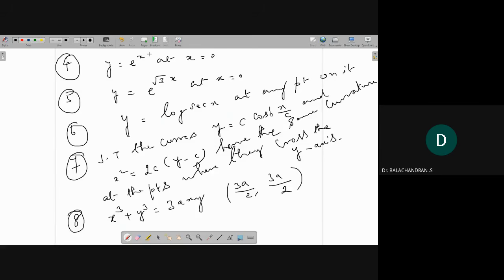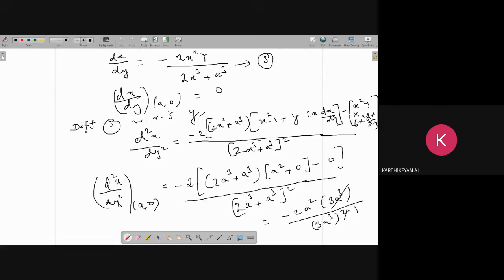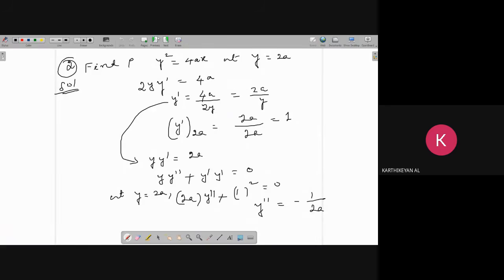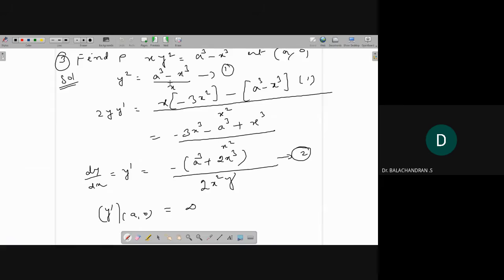Even if you keep y dash on the left-hand side, I differentiate the equation as it is, without changing x to the other side. Which problem? The last problem, sir, the third problem: x y square equal to a cube x.